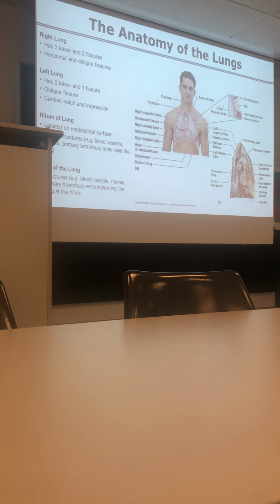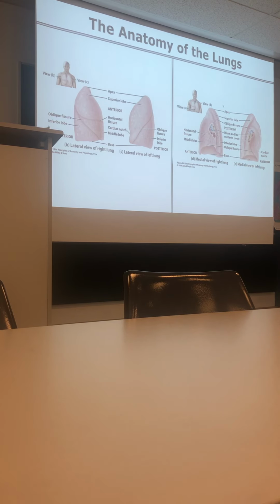So the hilum is the actual door, and the root is the actual structure, so the people passing through the door. Does that make sense? Okay. So our hilum is located medially, and it surrounds the structures like our blood vessels and our bronchi that are entering the lungs, and then the root are those actual structures, like the blood vessels, nerves, and bronchi.